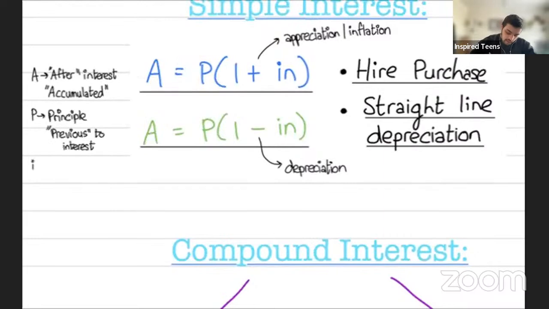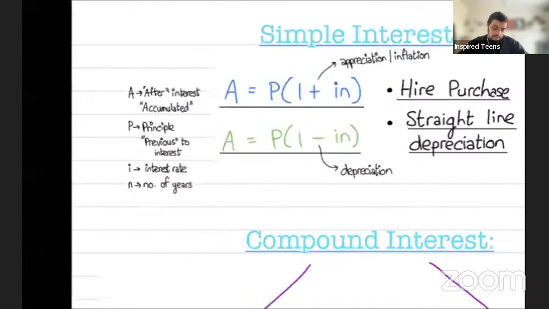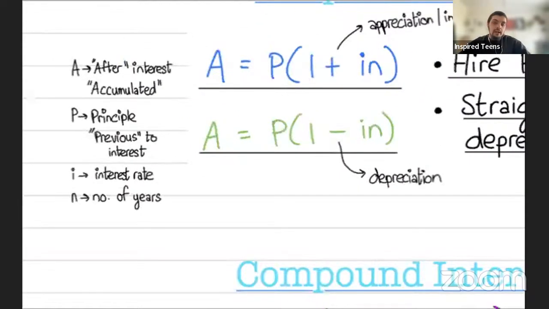Then we have i, which is our interest rate, which we put as a value, and we have n. In this case, it's simply the number of years, for simple interest, and for compound interest you'll see that for the most part this is the number of years. You'll see later on we get more detailed and refer to n as the number of payments.